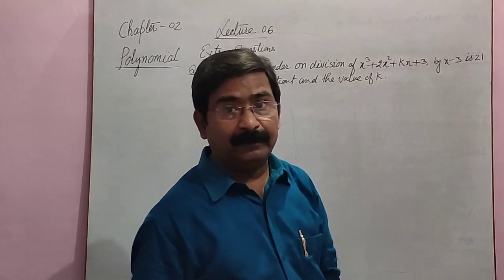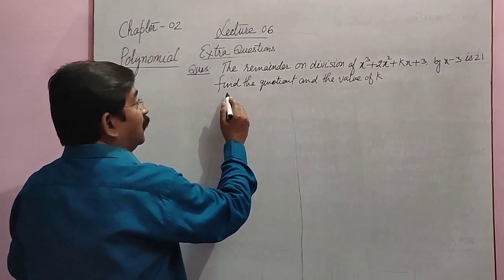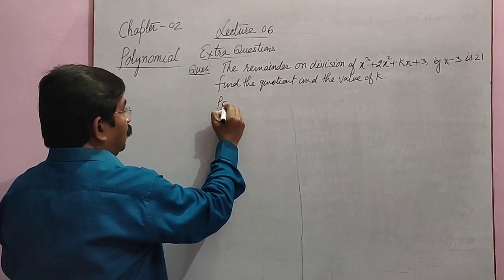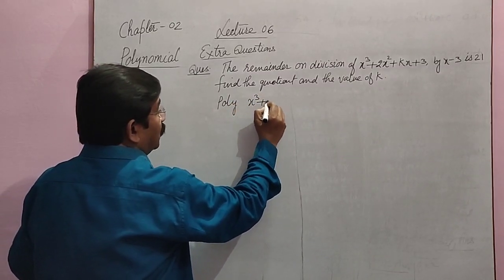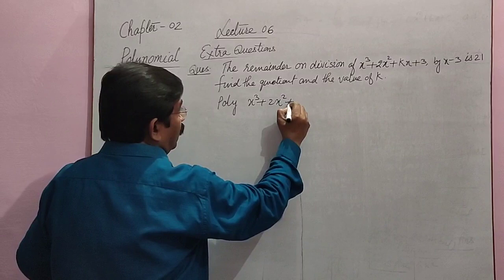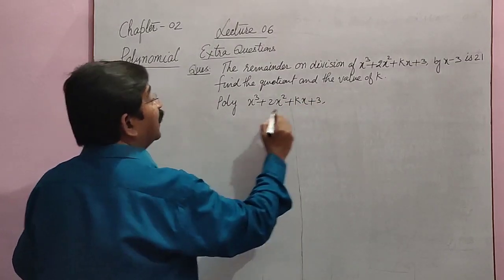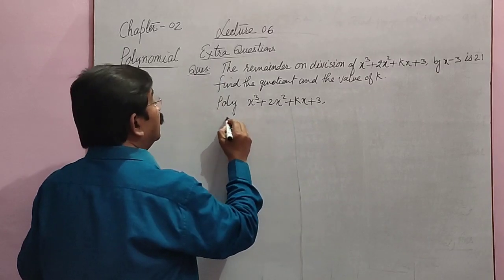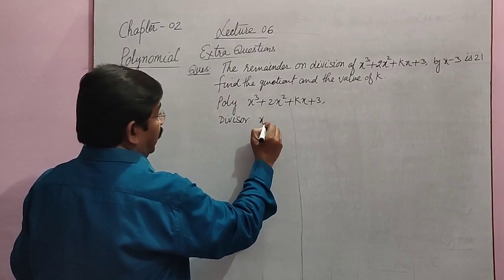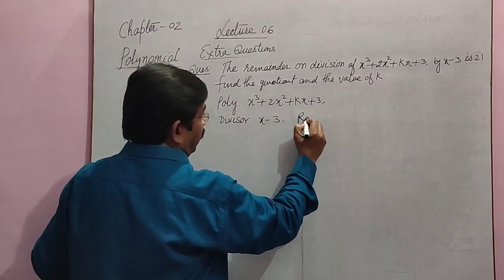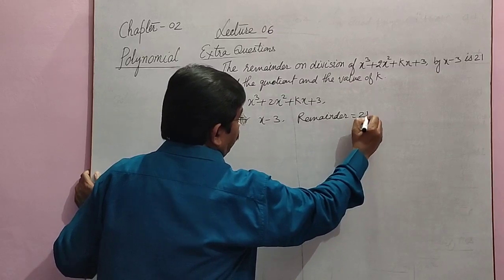So first thing, write here like polynomial x cube plus 2x square plus kx plus 3, and write divisor is x minus 3 and remainder is 21.